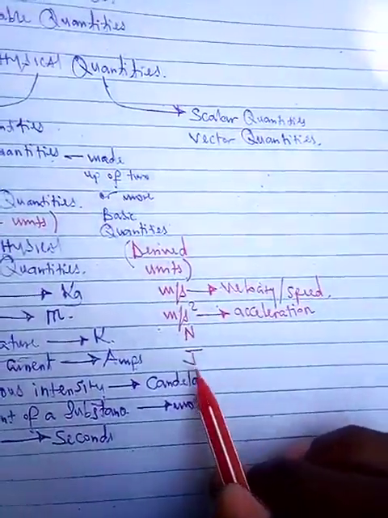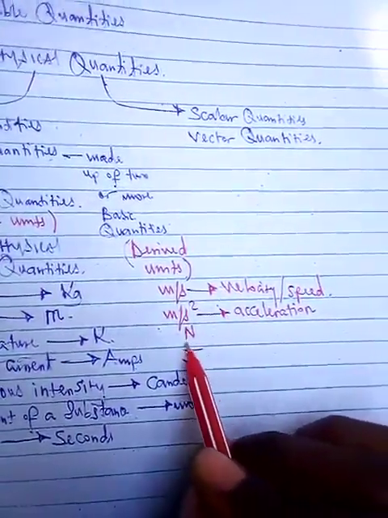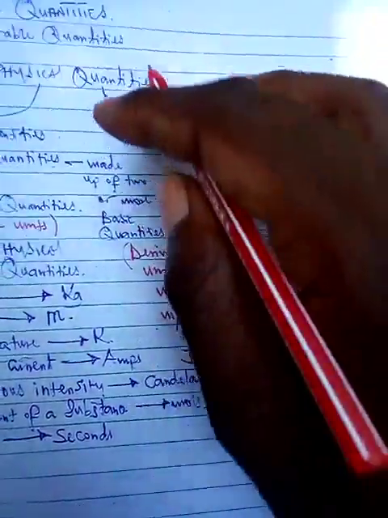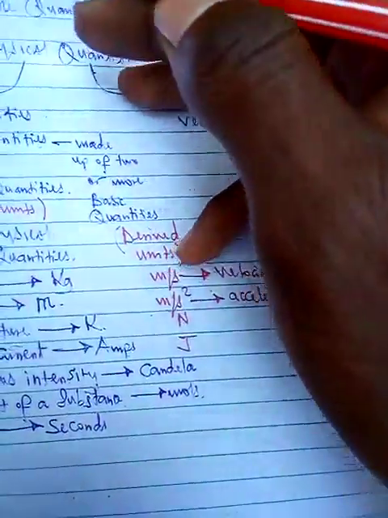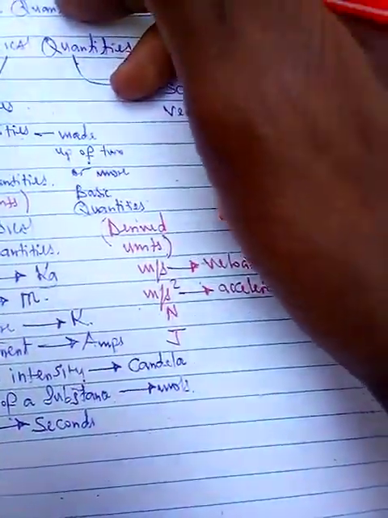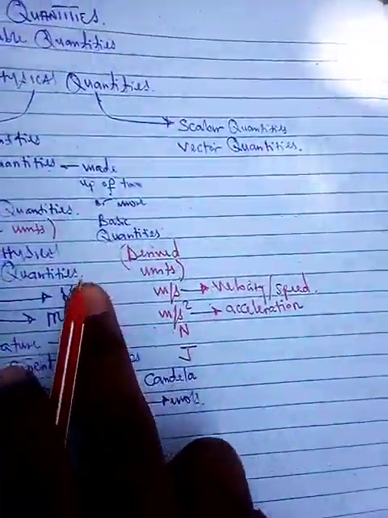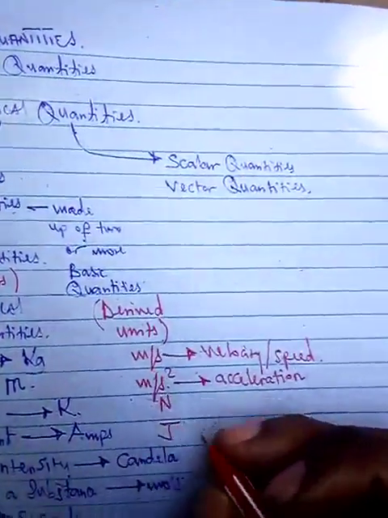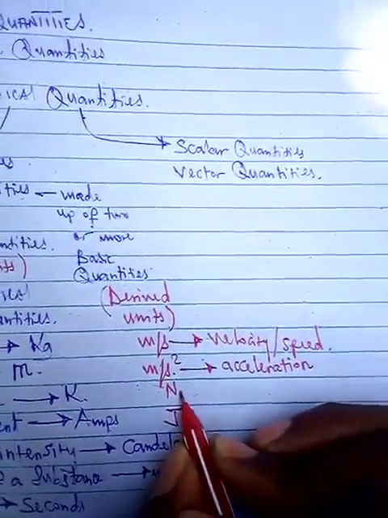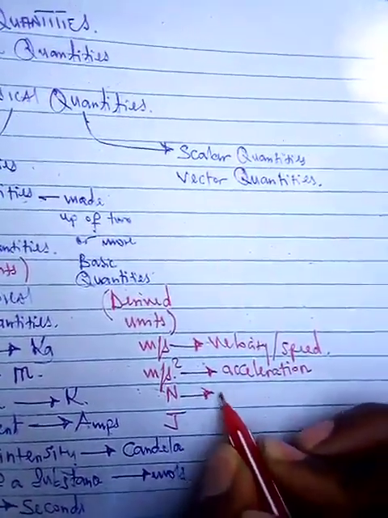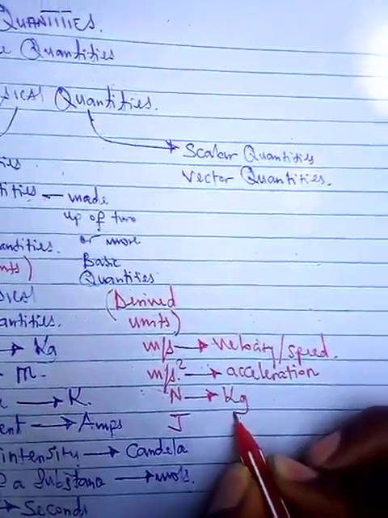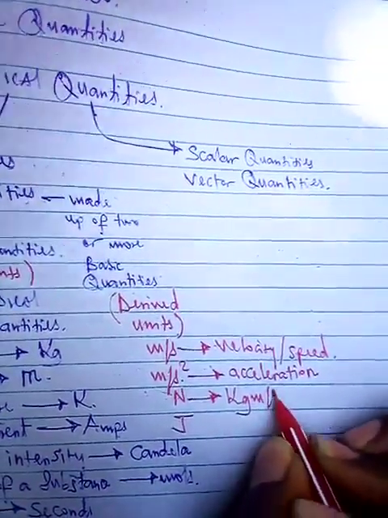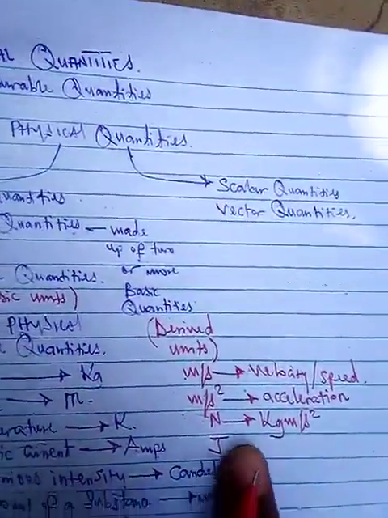The Newton and the joule are mostly exaggerated by many, misunderstood by many. People think as if maybe these are basic units, but well, they aren't. The Newton that we see here, originally, this one is written as kg meters per second squared. These are the original units for force.